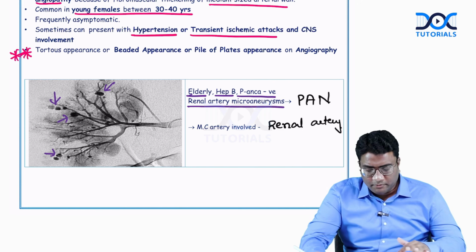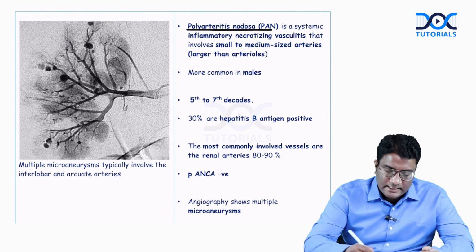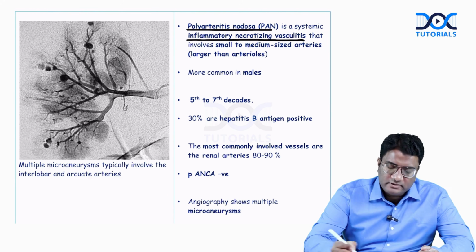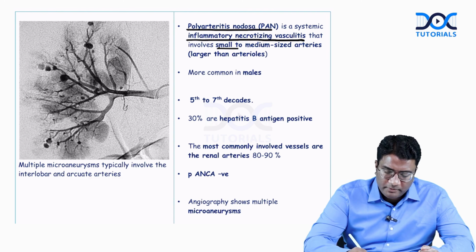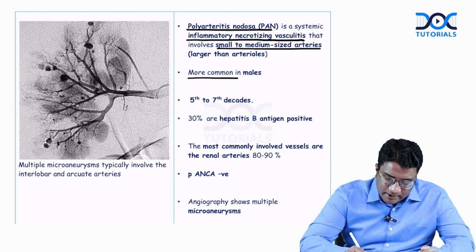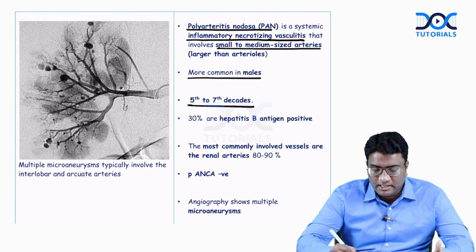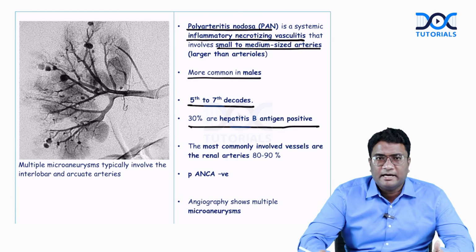Let's learn some important points about polyarteritis nodosa. Polyarteritis nodosa is an inflammatory necrotizing vasculitis involving small to medium-sized arteries. The condition is more common in elderly males, and 30% of the patients are also with hepatitis B antigen.